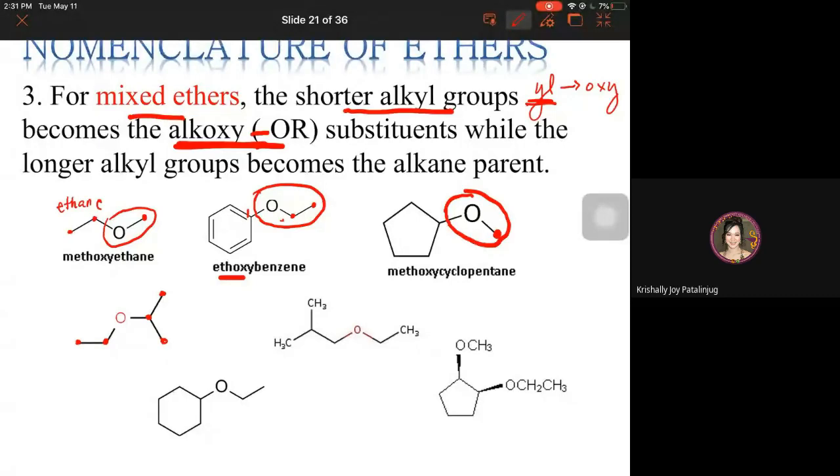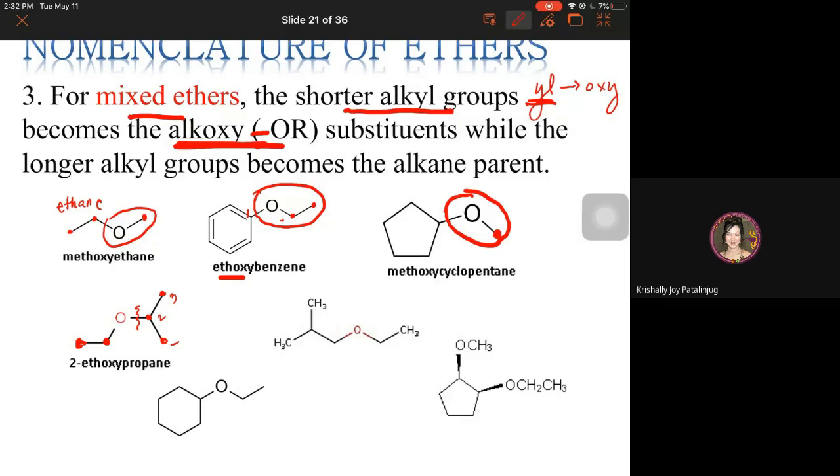This would be your carbon 1, carbon 2, carbon 3. This is propane, rather than if you choose the other, which is just ethane. So propane is the parent. On the propane, on its carbon 2 is a substituent ethoxy. That's why 2-ethoxypropane.